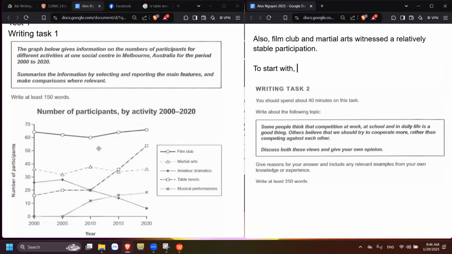Well, we can either talk about a trend that changes through time in one category, if they increase from this time to that time and then decrease. Or we can compare the starting numbers. This one started at 65 something, this one around 36 something, this one about 16 something, while musical performances wasn't even existent in the year 2000. There are several ways to write this.